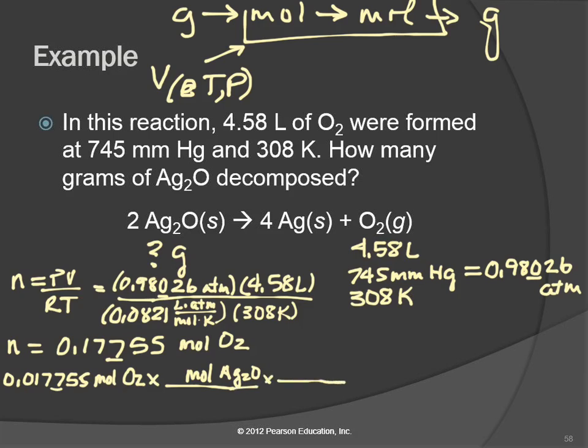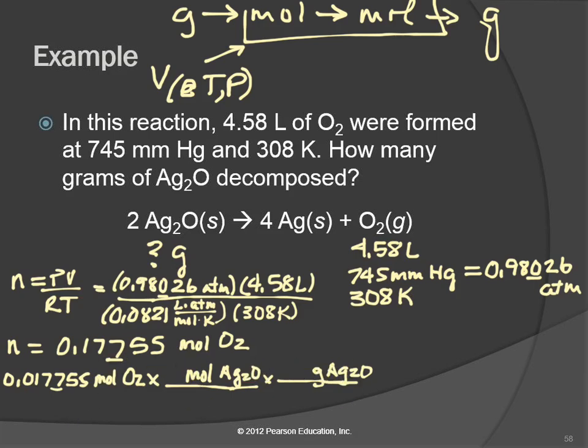And then what's next? Grams of that. You guys with me? So normally we go grams to moles to moles to grams. This time though, they didn't give us a mass, they gave us a volume and temperature and pressure for a gas. We used the ideal gas law to find the moles. Now we can go back to our pattern. We're going to do moles to grams.